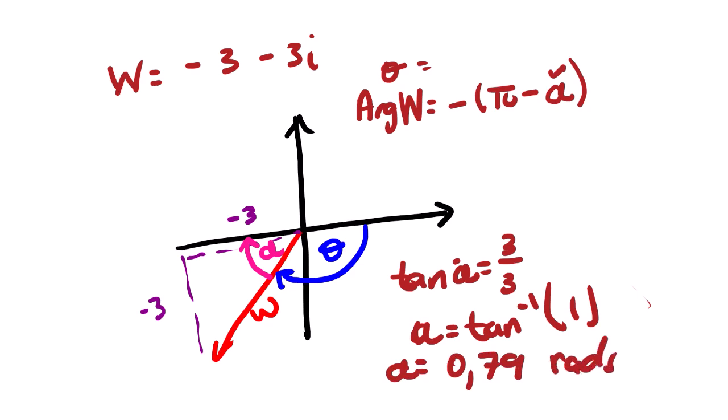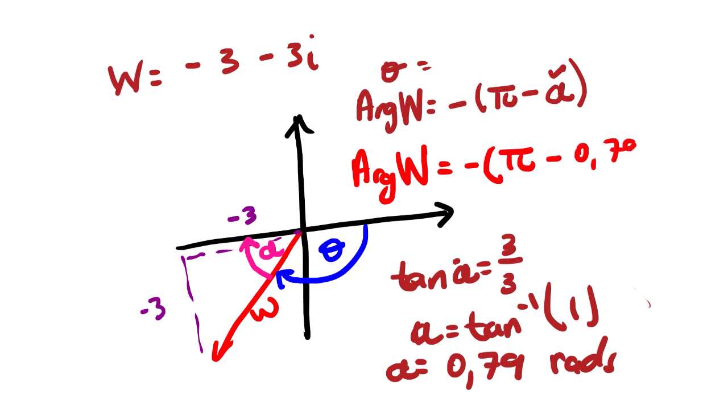Then we can go ahead and find the argument of W, which will be negative pi minus 0.79. The answer is negative 2.35 rads.